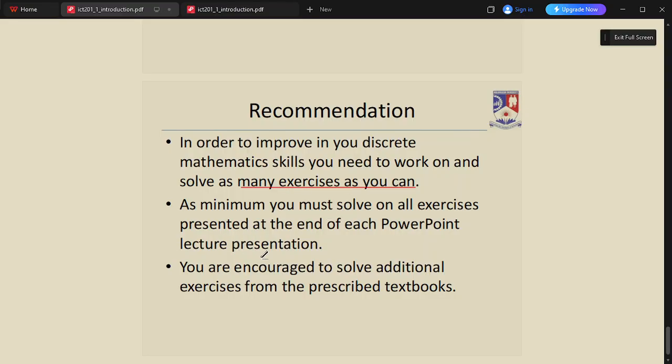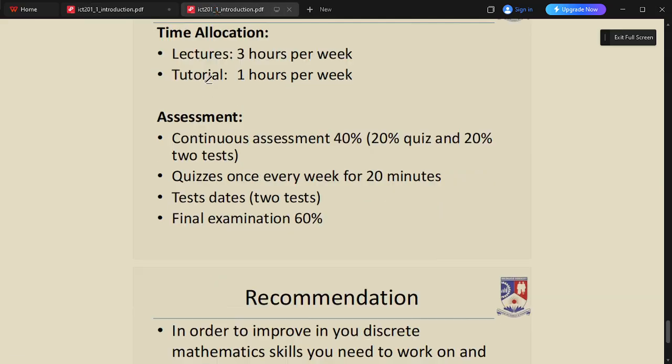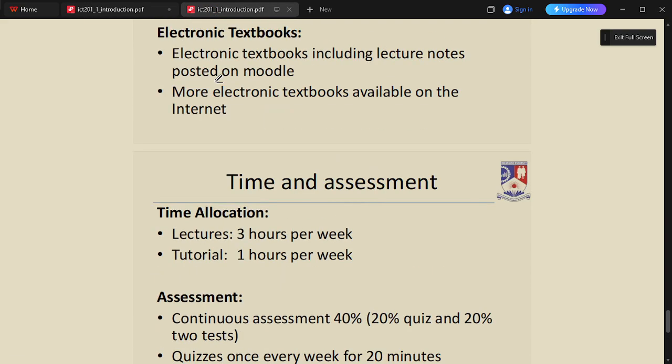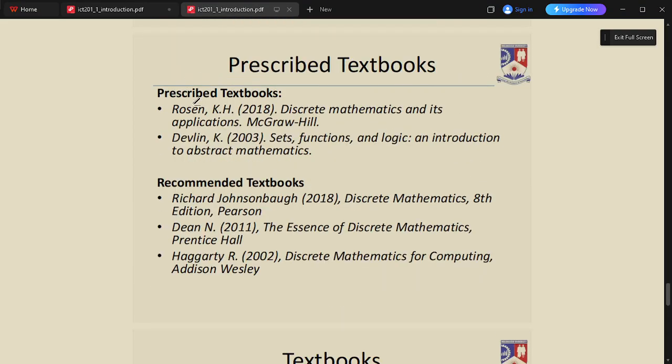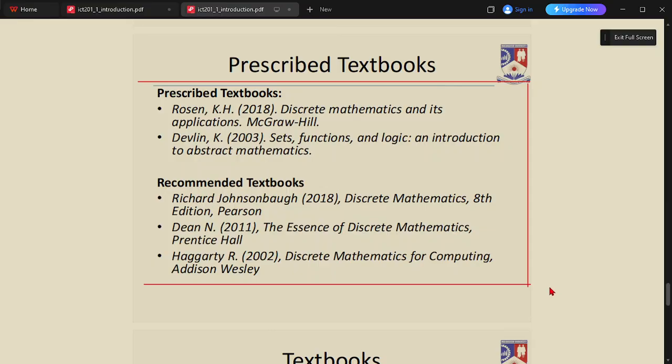We've also been encouraged to solve some additional exercises from prescribed books, and here are some of the prescribed books by the university. These are the books we should take a look at to help you best understand or improve your skills in discrete mathematics.